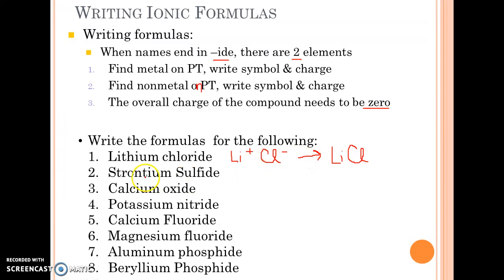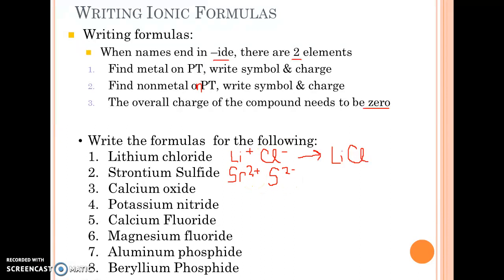Next, we have strontium sulfide. I'm going to find strontium on the periodic table. Its symbol is Sr. It is in group 2, so it has a +2 charge. Then I'm going to find sulfide, which is sulfur. It is in group 16, so it has a -2 charge. I've done steps 1 and 2. Now I'm on step 3. I want to make sure the overall charge equals 0.